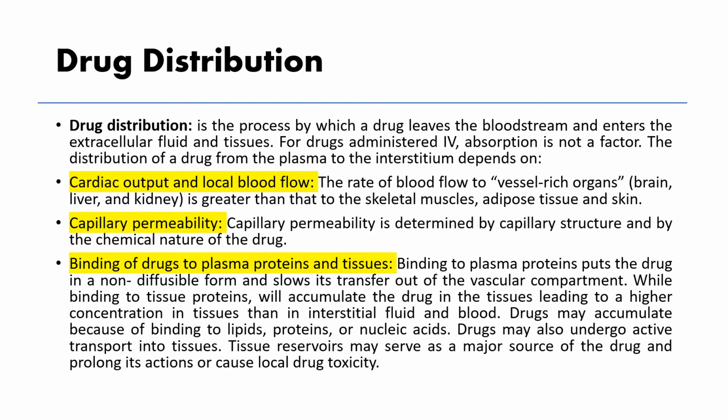Drug may accumulate because of binding to lipid, proteins or nucleic acid. Drug may also undergo active transport into tissues. Tissue reservoirs may serve as a major source of drug and prolong its action or cause local drug toxicity.